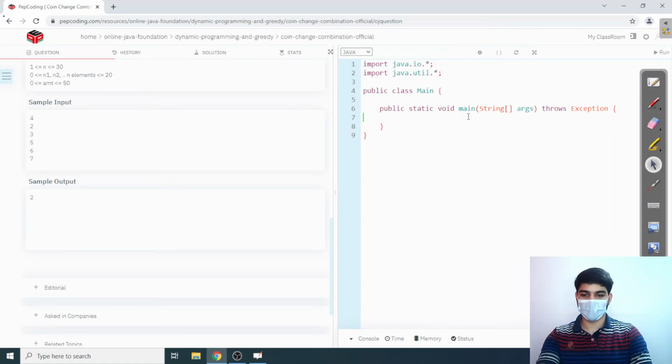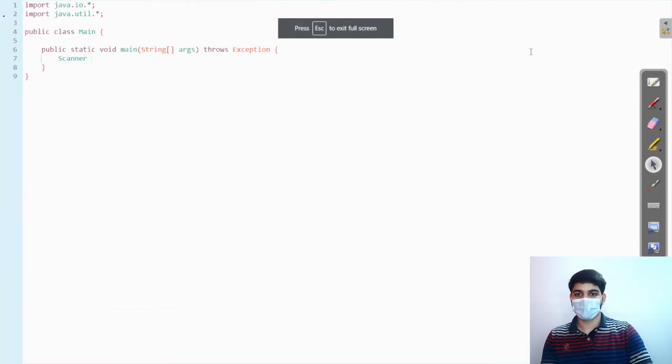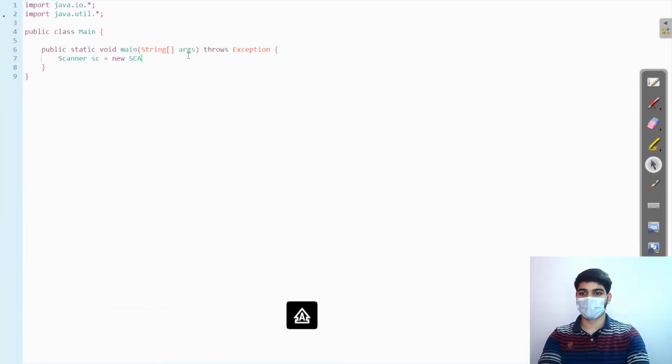So what we have is, the very first thing is a number n, then n numbers which represent coins, and then our amount. So let's take that input, which is new Scanner(System.in), and then n is equal to sc.nextInt(), and then I have to take input for the coins array.